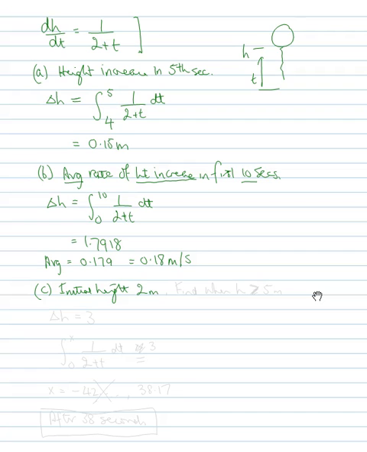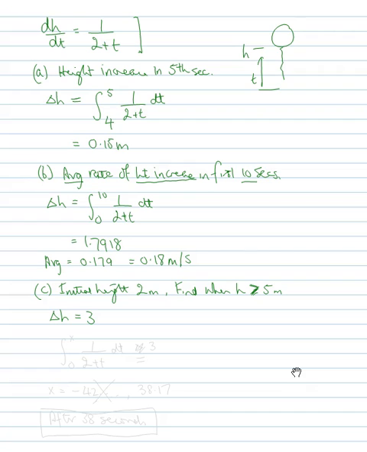Okay, and then the third part of the question says that the initial height is 2 meters, and then find when the height first exceeds 5 meters. Okay, so in this case we're kind of doing it the other way around. So we know that the change in height is 3 meters, and we just need to find when that's going to be 3 or greater than 3.